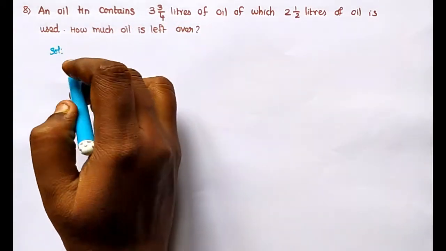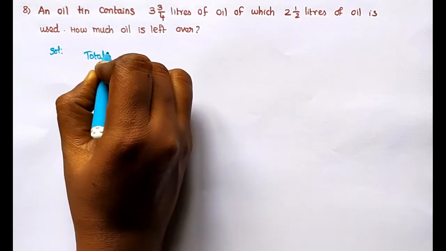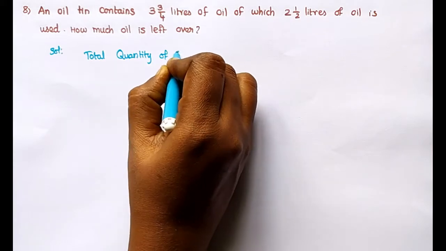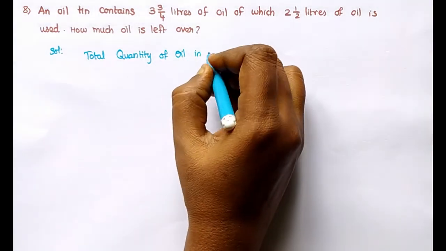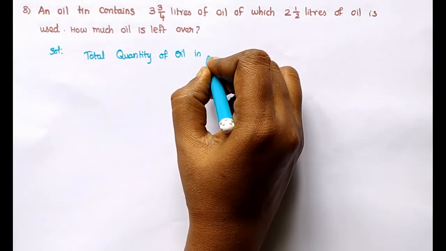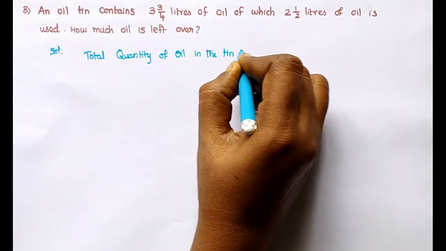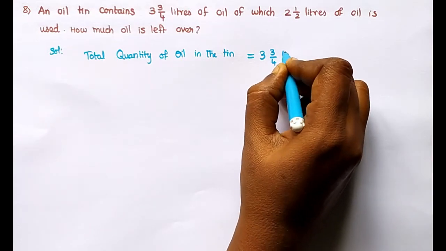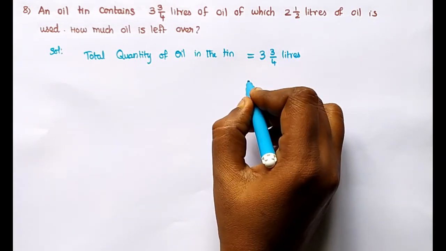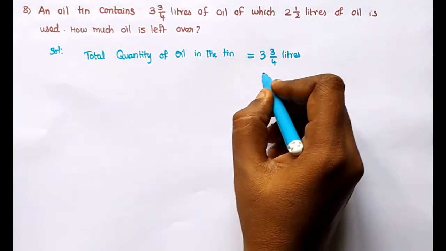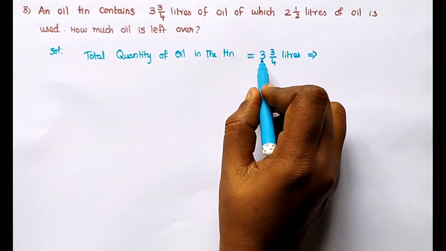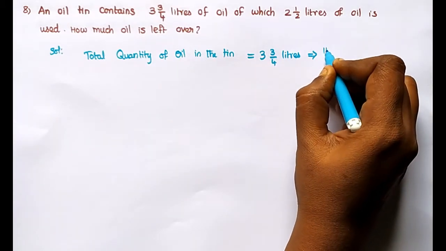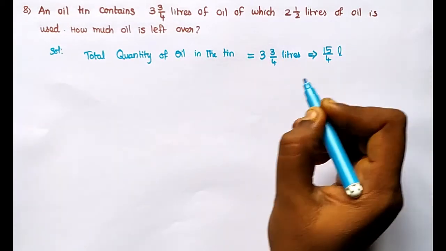Total quantity of oil in the tin is equal to 3 by 4 liters. That is how much? 3 4s are 12 plus 3, 15 by 4 liters.